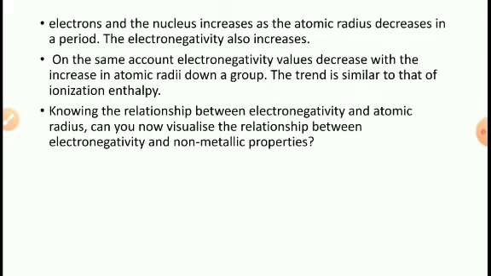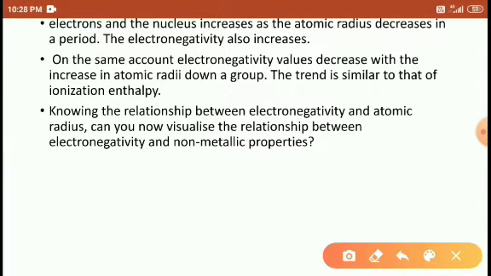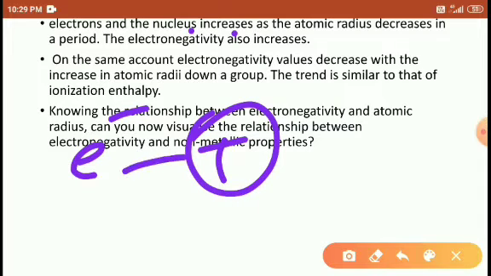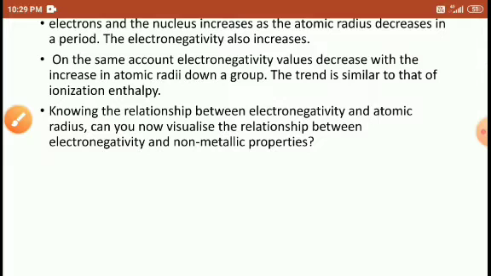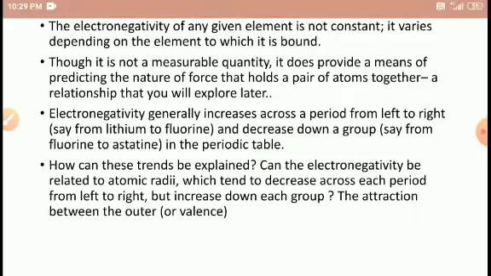The electronegativity also increases. Look at here, students. The attraction between the electrons and the nucleus increases. The atomic radii decreases. If atomic radii decreases, it means the electronegativity increases, right, students?